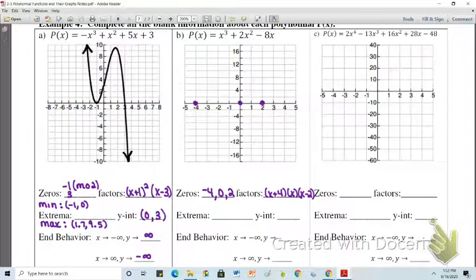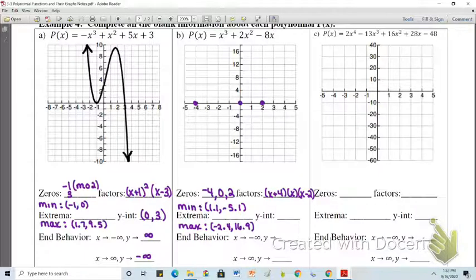My extrema, I had a minimum at 1.1 and -5.1. I had a maximum at -2.4 and 16.9. So I'm going to plot those as well.